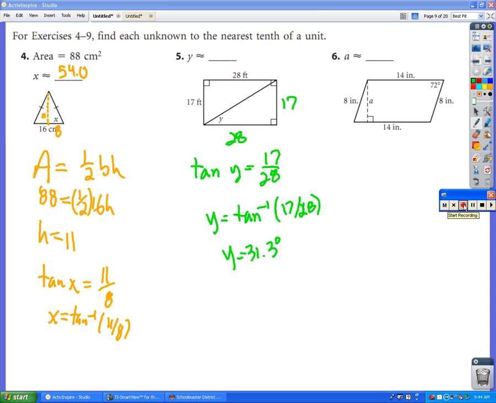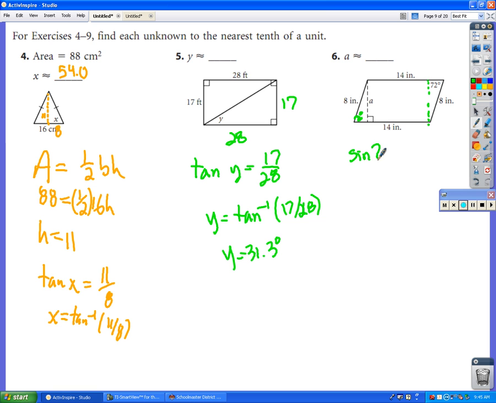All right, then this one right here looks pretty tricky. To figure this one out, I'm going to draw in this little right triangle right here, and it is going to be the same as this little right triangle right there. So I guess I could just put the 72 down there. I know the hypotenuse and I'm trying to find the opposite side, so that is going to be sine.